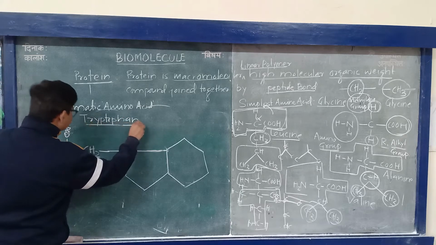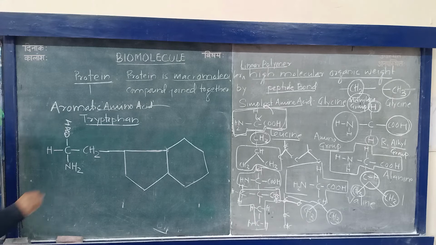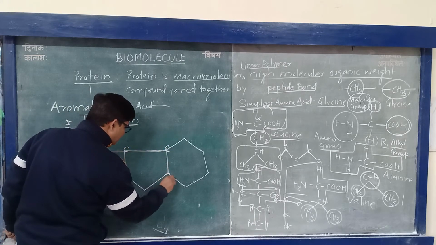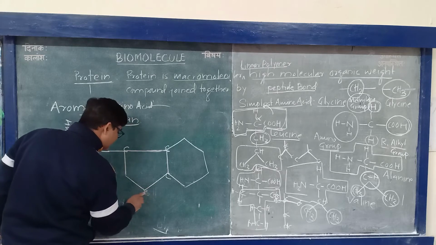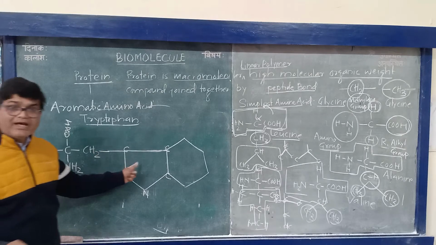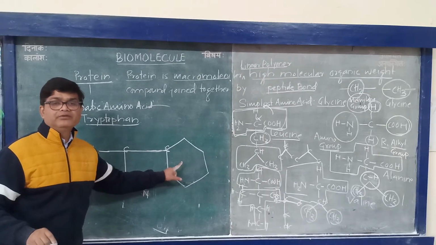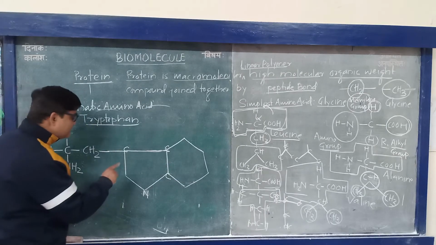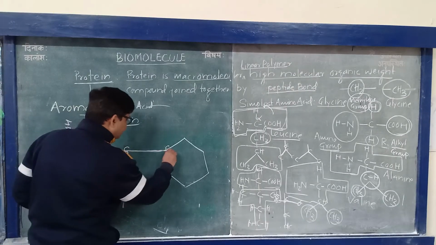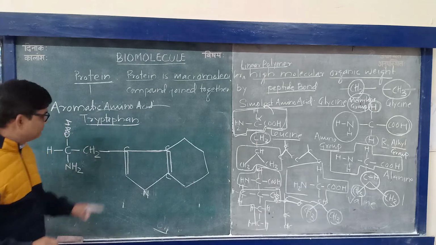Okay. So in case of tryptophan, you will find there is a carbon, and there is a carbon, and there is a carbon, and there is a nitrogen. So this ring is known as the tryptophan ring. Okay. So in this case, if you observe, there is a double bond.